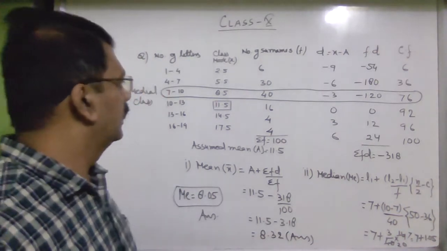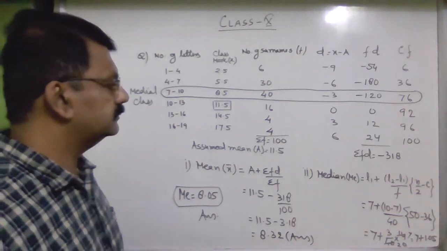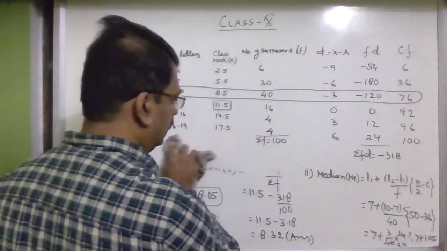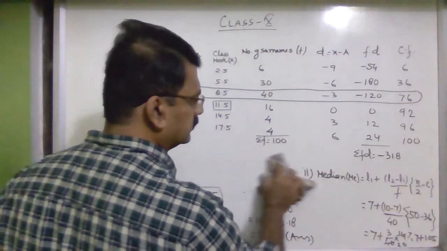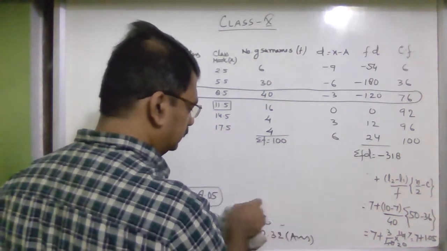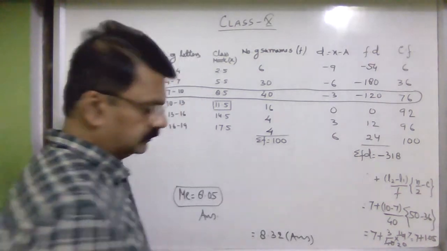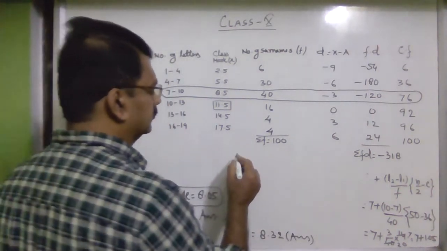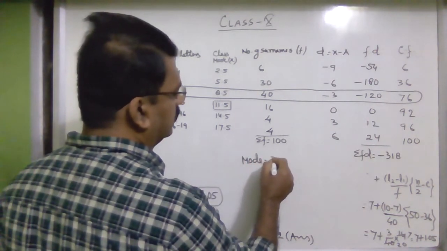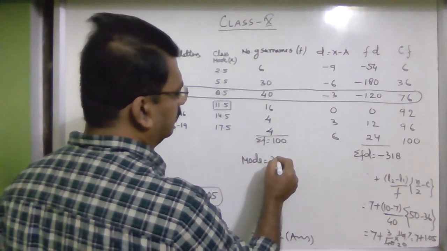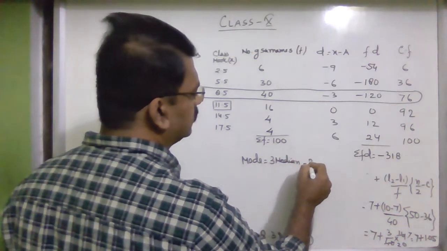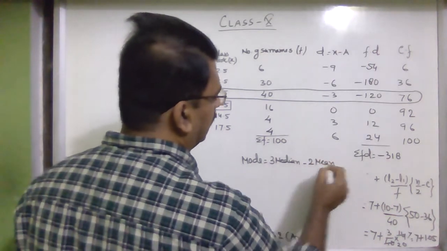Okay. Now mode is equal to 3 times median minus 2 times mean.